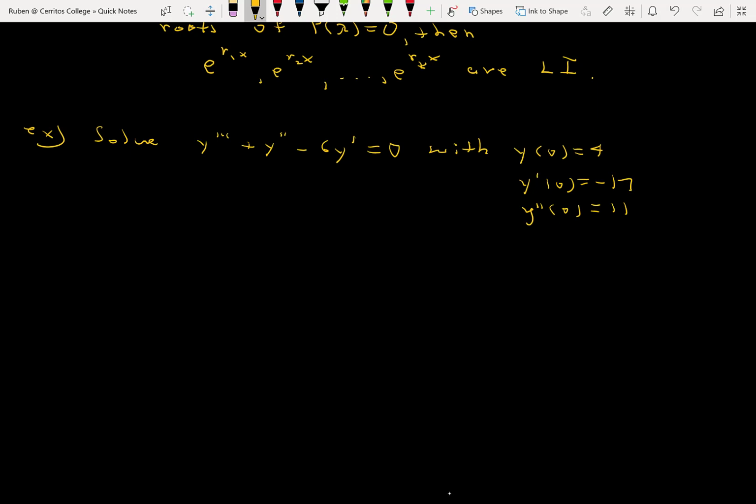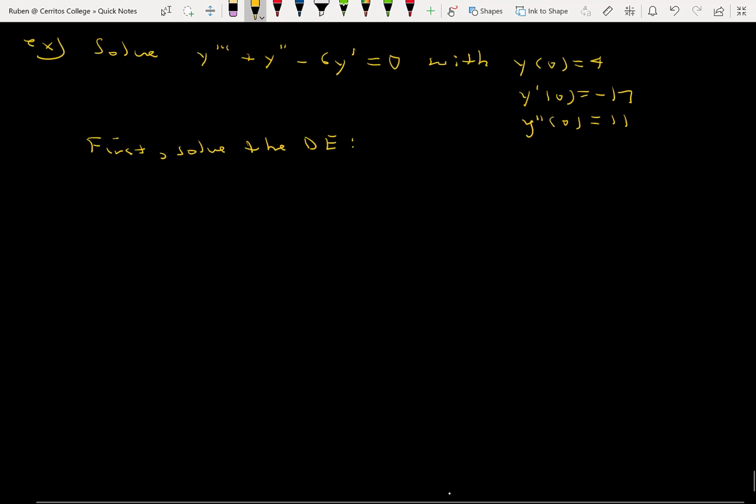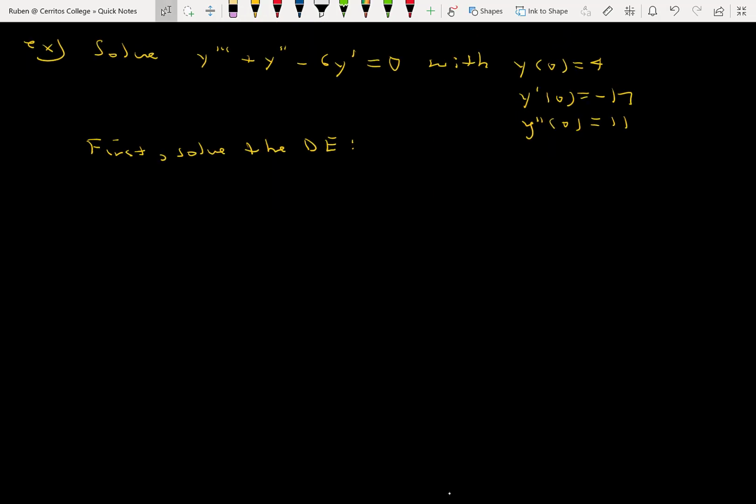Okay, so first let's solve the differential equation. Our method so far says that to solve a differential equation, you write out the auxiliary equation. So our auxiliary equation looks like lambda cubed, corresponding to y triple prime, plus lambda squared, corresponding to y double prime, minus 6 lambda to the first, corresponding to y prime, equals 0.